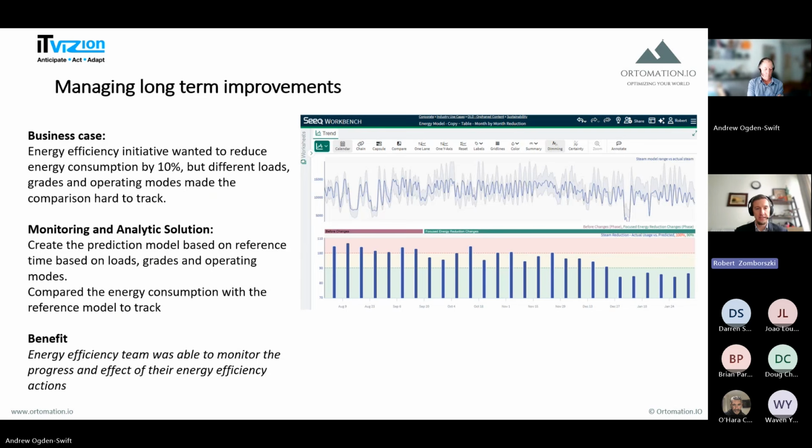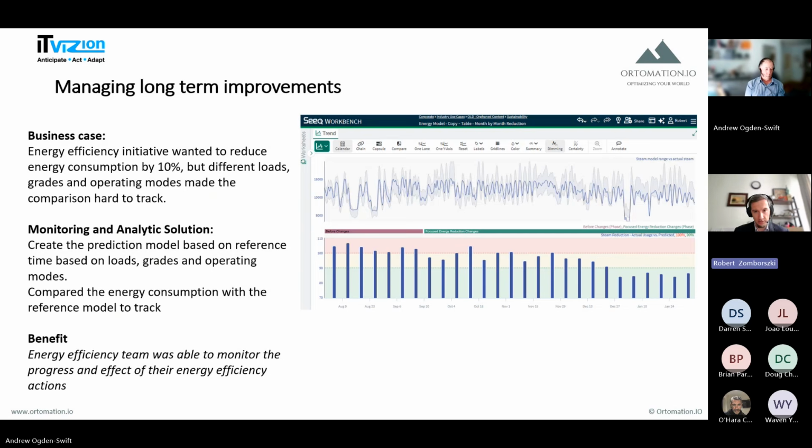So what has been done is that they created a prediction model that predicted the energy consumption based on these variables that they cannot control, what is the order, what they are producing, and they use this prediction model as the reference. And from that point, they could see that, okay, this is the reference, this is our measurement, and they could track it continuously.